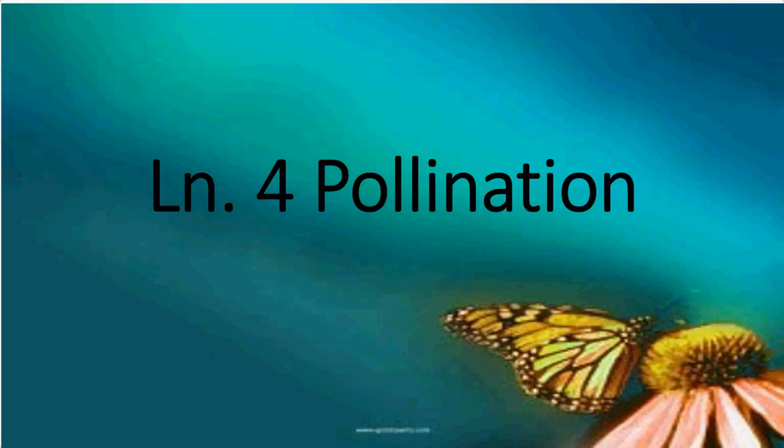So before learning about pollination in detail, let us learn about the flower. If you know the parts of a flower, you can learn about the process of pollination. Understood everybody?